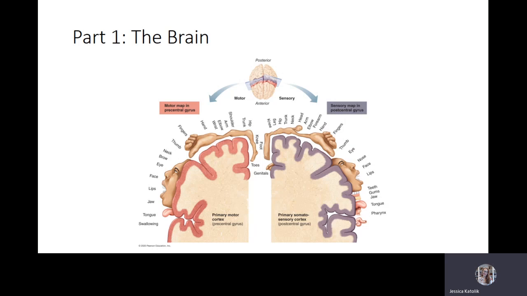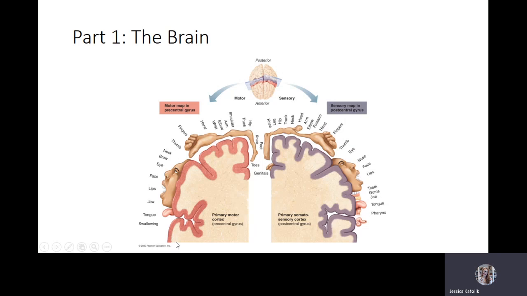The lips and the tongue are also regions where the brain has a high proportion dedicated to those regions. So if something is stuck on your tongue or your lips, you would feel it much more intensely than if it was on the back of your arm.